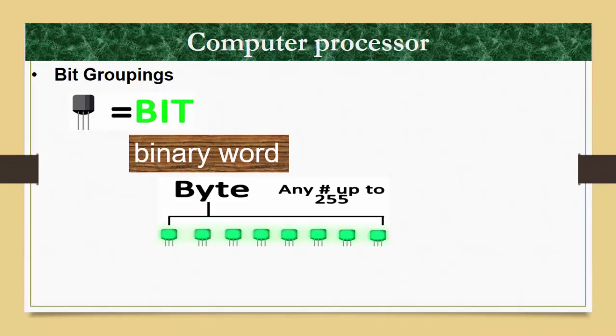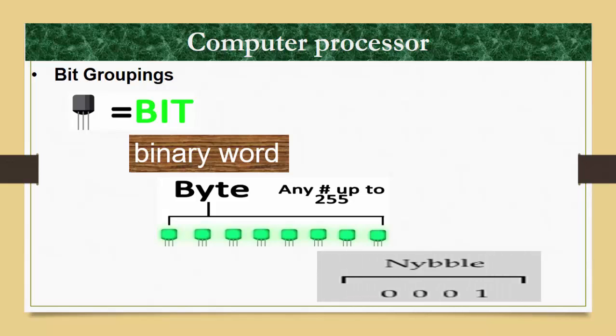The memory and the storage on the computer are normally expressed in bytes. A single byte can hold the binary value equal to 0 to 255 in decimal, as you are seeing in that figure.